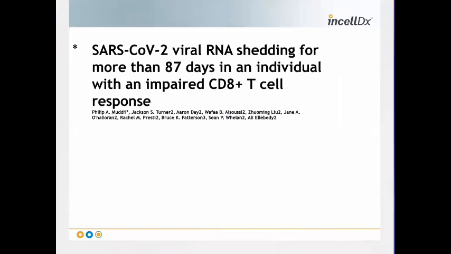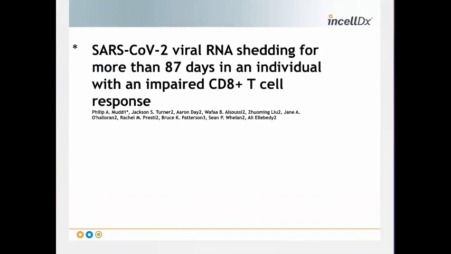Some of the important publications that we've put out to show what we think is causing long haulers was first in a paper published in November, where we saw viral RNA shedding in an individual with low CD8% for more than 87 days, or close to the 3 months, which is the cutoff for long hauler conditions.